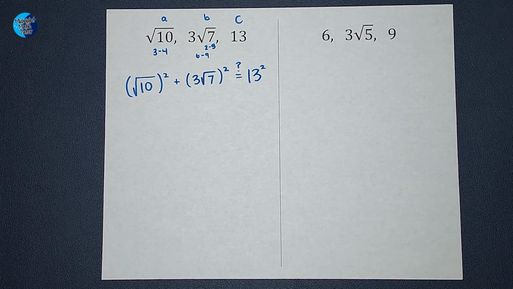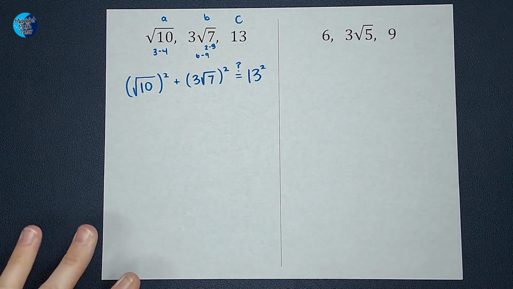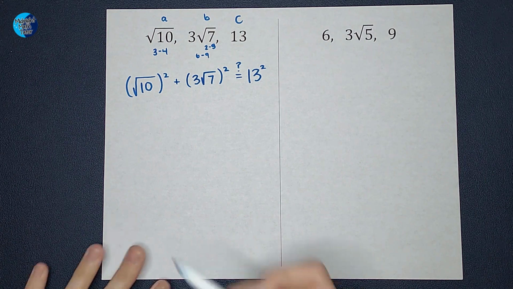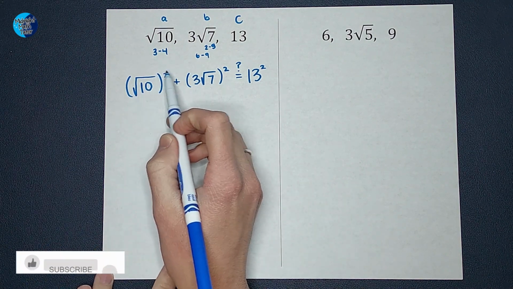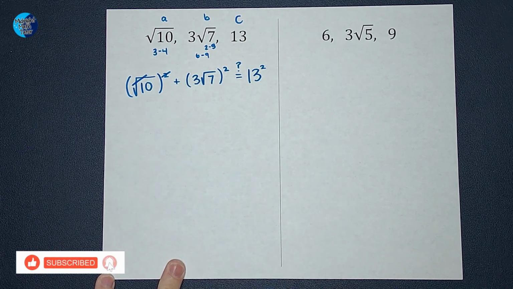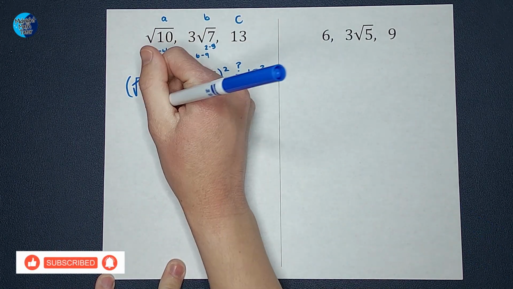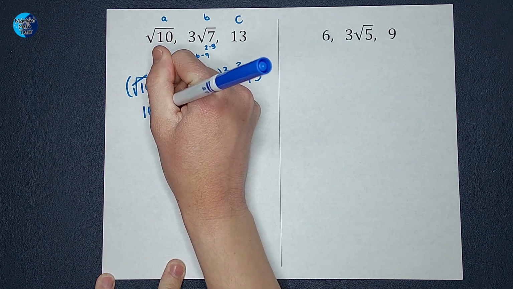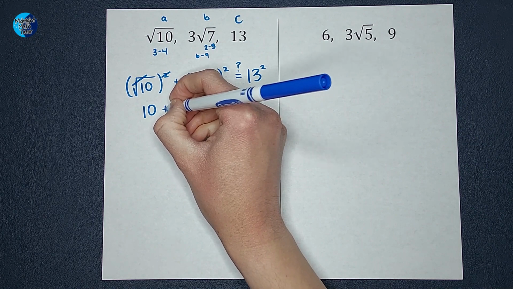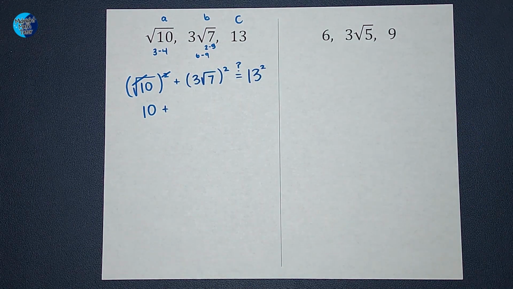All right. Now we're going to do some work with some square roots. If you're not super familiar with square roots or you need a review, I will link videos if you need more in-depth examples. So when I have the square root of 10 squared, my squared and the square root cancel each other. And guess what? I'm just left with 10. Isn't that nice? Oh my gosh, best day ever. Okay, then we are doing plus 3 square roots of 7.